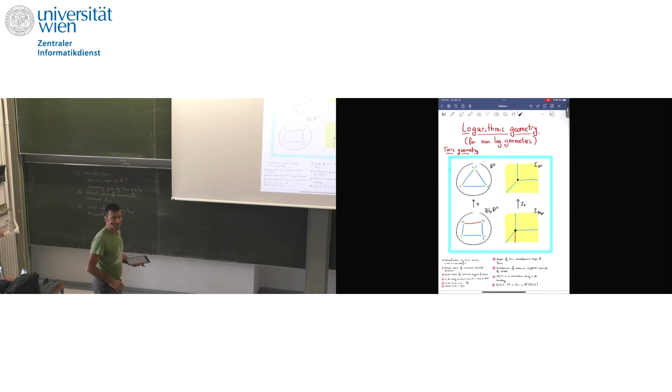Shoving something under the rug, because really it's the dual cone that we care about. So this gives, for each orbit, a cone, and these cones come with an integral lattice, with an integral structure.